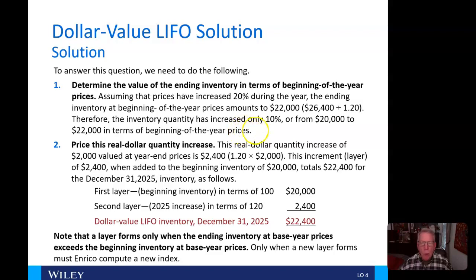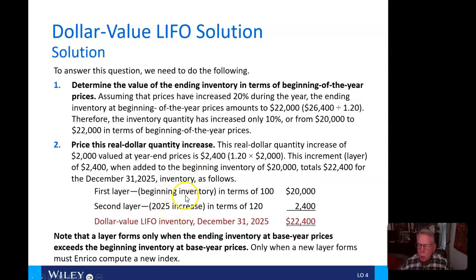So we take the 26,400 divided by 120%, and that would take us back to beginning of year prices at current levels of quantity. And then, therefore, the quantity increased only 10%, from 20,000 to 22,000 in terms of beginning of the year prices.